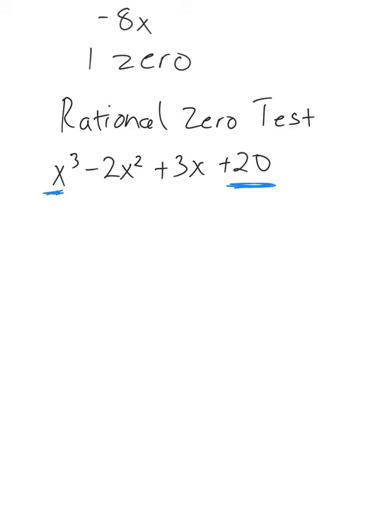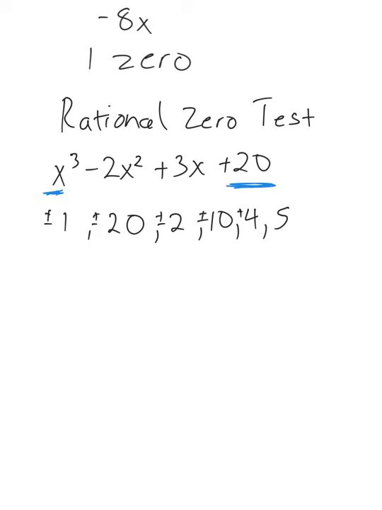If it's a 20, then we take all the factors of that 20: 1 times 20, so 1 and 20; 2 times 10, so 2 and 10; 4 times 5, so 4 and 5. These are all possible rational zeros, but they're positive or negative, because our zeros can be either positive or negative.